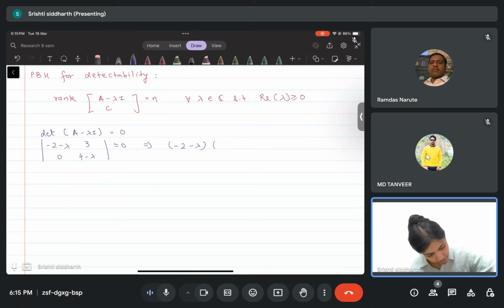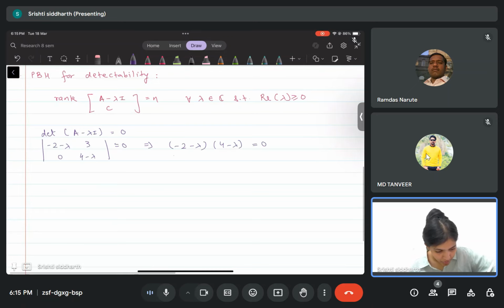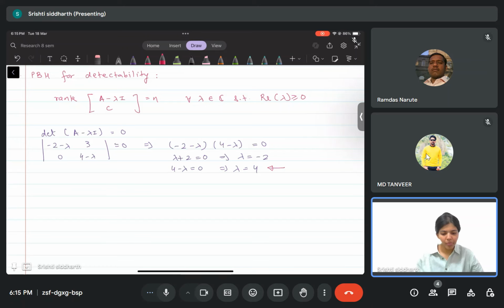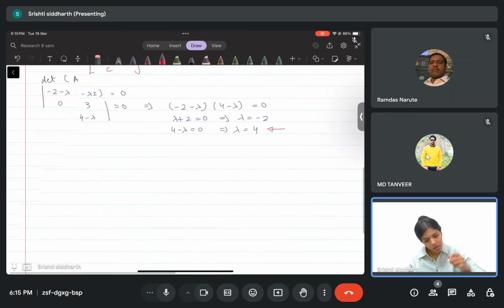Minus 2 minus lambda times 4 minus lambda equals 0. So we have lambda plus 2 equals 0, and minus lambda plus 4 equals 0, which implies lambda equals 4. So we just have to consider this positive eigenvalue for the PBH tests.